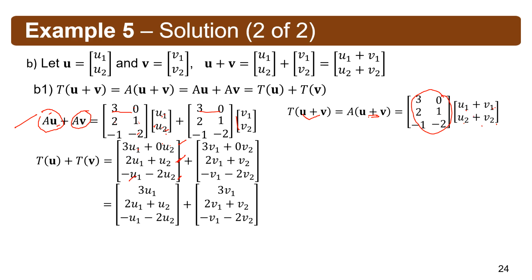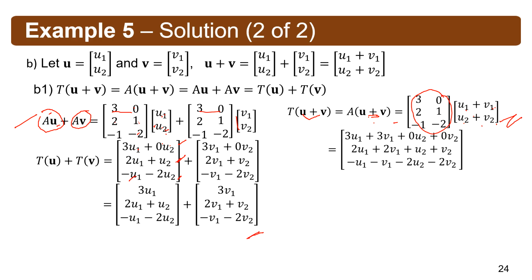And we have to show that whatever the result here must be the same as this. So from here, this one is multiplied to this whole. So 3 times u sub 1 plus v sub 1 plus 0 times u sub 2 plus v sub 2.